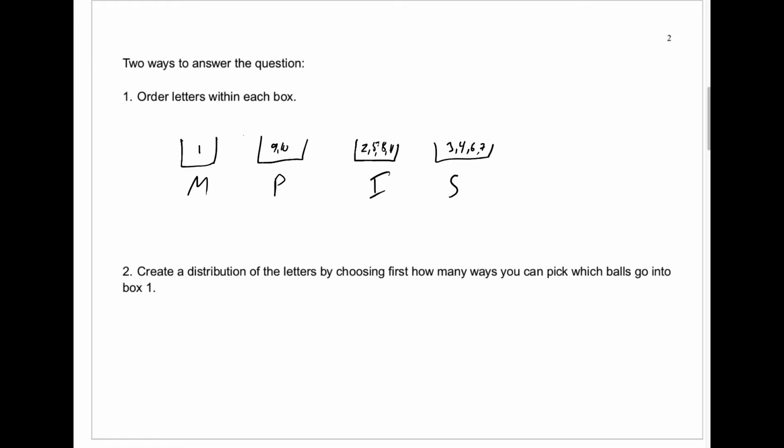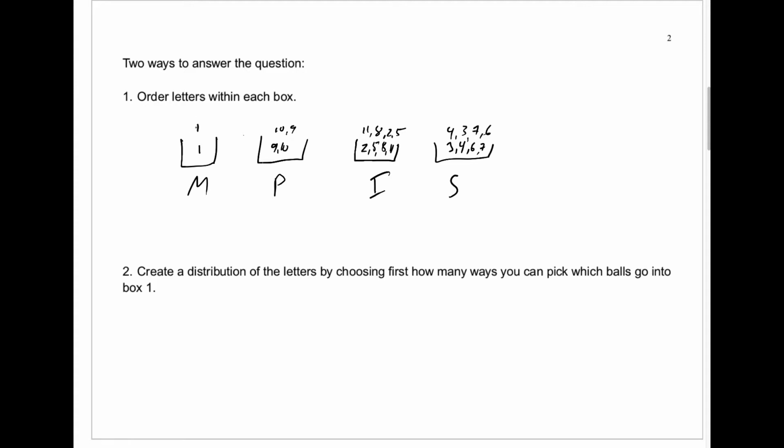They could be in any order, and that would just mean I's in those positions. So imagine that order matters, I could write a distribution like this. 1, a 10 and a 9, an 11, an 8, a 2 and a 5, a 4, a 3, a 7, and a 6.